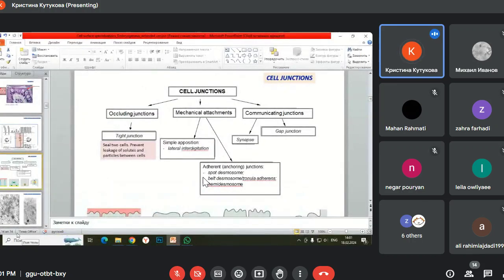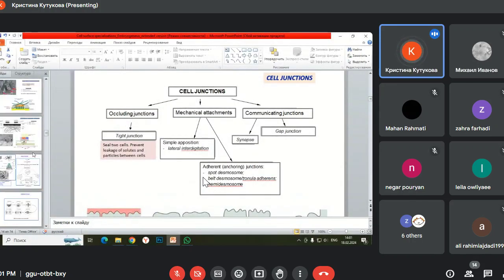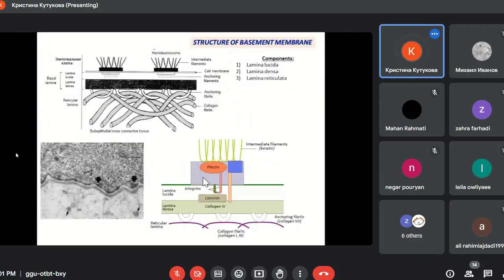It is rather hard, and it helps cells to be attached to this basement membrane so that they can make one layer or one row of cells standing on the same level, standing upon the same basement membrane. All the epithelial tissues have at least one layer of cells attached to this basement membrane. So the presence of basement membrane is the feature of epithelial tissues.